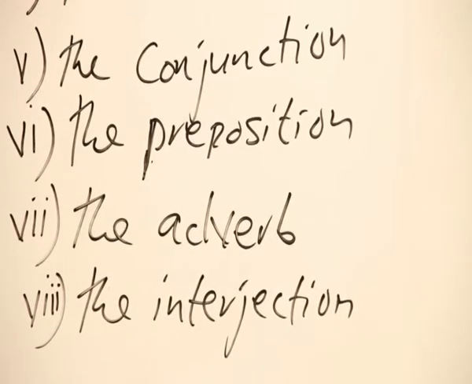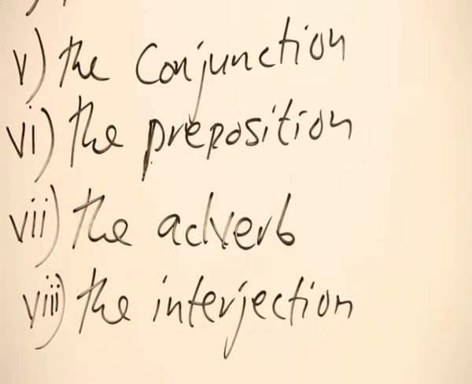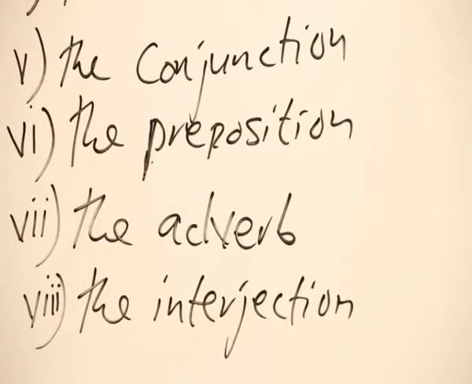Although, for example, if you put the word help, I helped him, that would be a verb. But when it is used in this format, it is no longer indicating action. It's simply indicating an exclamation, high emotion. So interjections actually are unique in their own form.